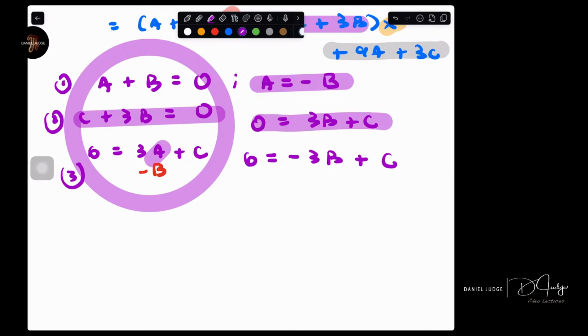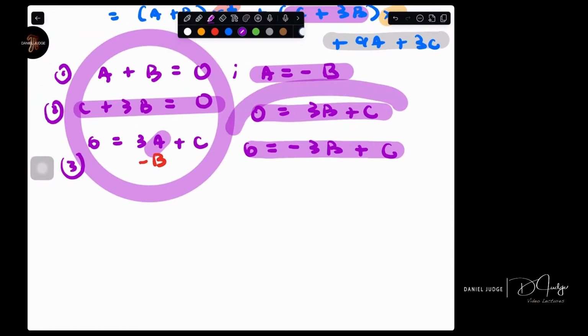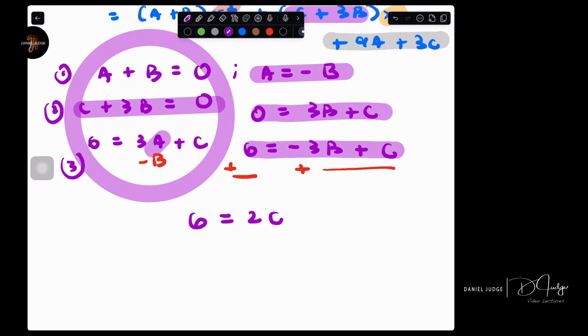So how that's helpful for us is that by adding these two over here, using that addition method, add your left sides, set it equal to the right sides. This means we end up getting 6 is actually 2c, or 6 over 2 is c.